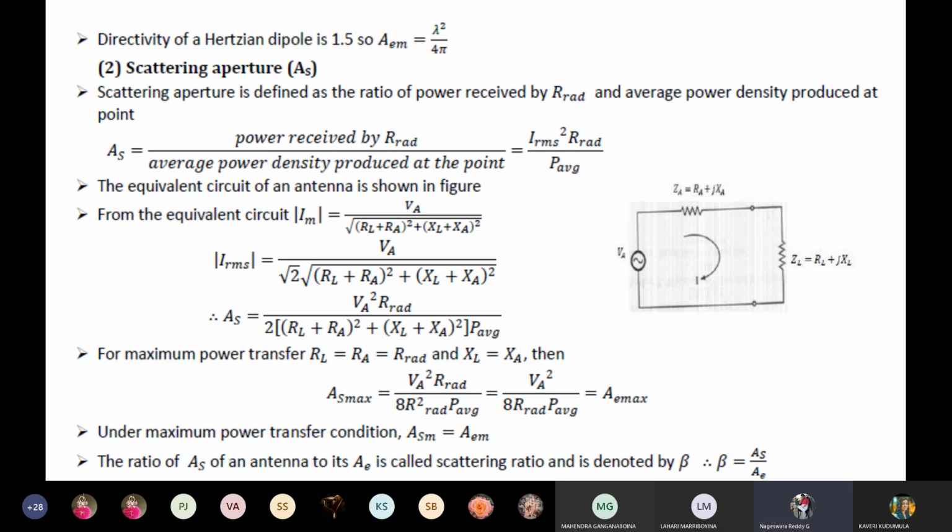This is V_A by root 2 into in brackets square root of (R_L plus R_A) whole square plus (X_L plus X_A) whole square. So here radiation resistance, here radiation resistance, and P average, and also we are getting the P average.